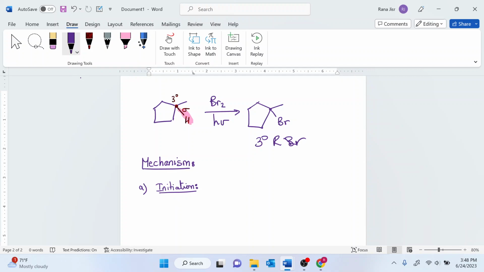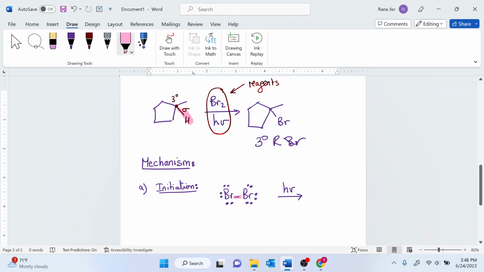To form a free radical, normally what you do is you take your reagents and you react them with each other. So these are my reagents. I'm going to take my bromine reagent and react it with light, meaning that I'm going to shine some light on the bromine. And what's going to happen is that the light is going to break that sigma bond between the two bromines.